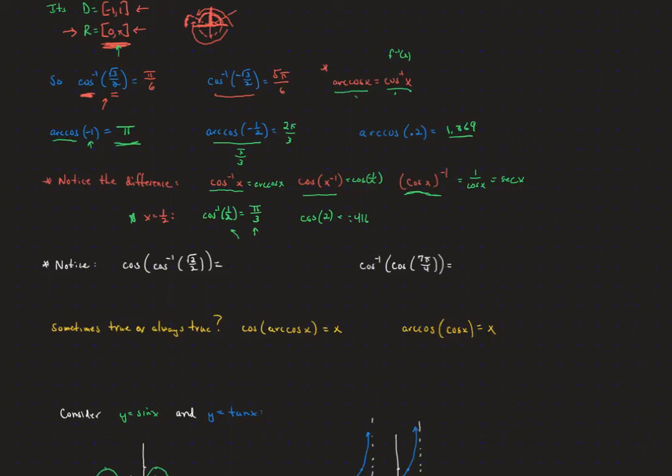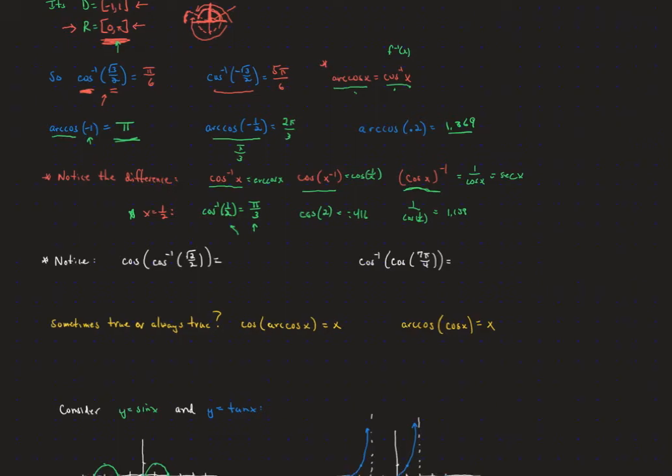Now what we're getting for the next one is it's going to be 1 over the cosine of 1/2. Now cosine of 1/2 is not something we know, so I'm going to go to my calculator and go 1 divided by the cosine of 1/2, and I'm getting 1.139. Hope that helps clarify a little bit.